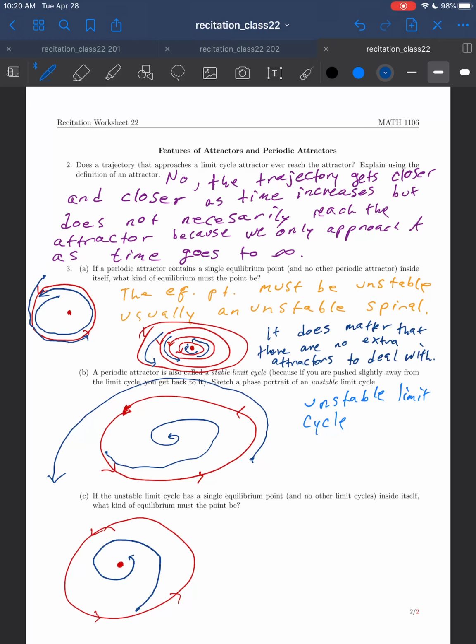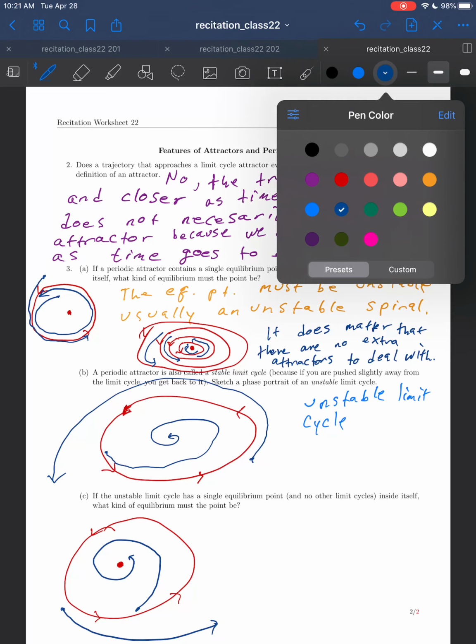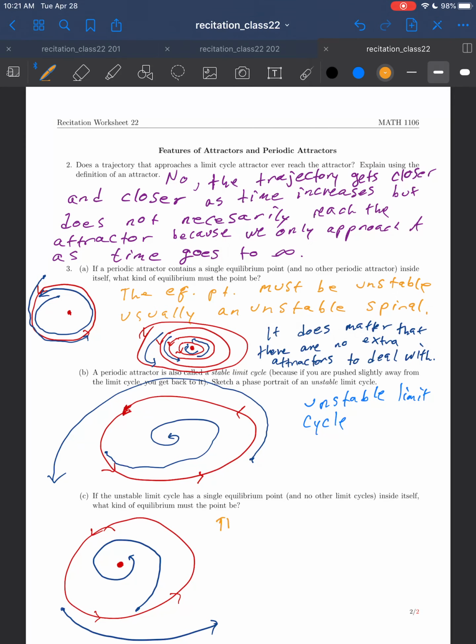If we start out here, it's moving away from the limit cycle, but that's less important. Since there's nothing else inside our loop, this must be some sort of stable equilibrium point. And again, usually this should be a stable spiral.